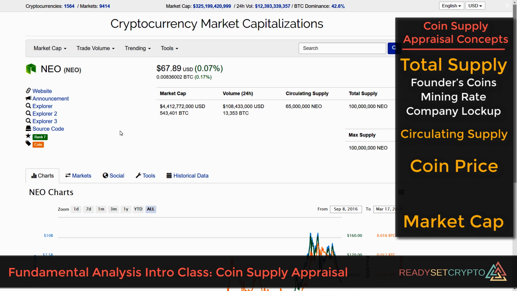And still others, like Neo, have both a total supply and a maximum supply to indicate that there's a max on the total supply of this cryptocurrency, and the total represents how many total coins have been issued. In the case of Neo, the total supply is equivalent to the maximum supply, meaning that every Neo coin that will ever be minted has already been created. We know this by reading Neo's white paper.